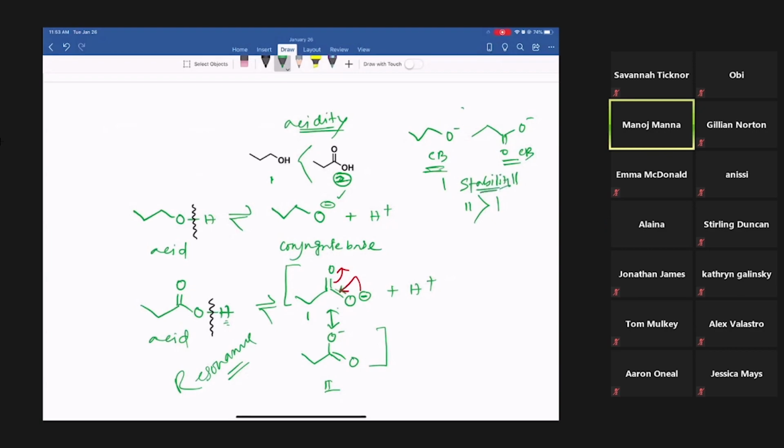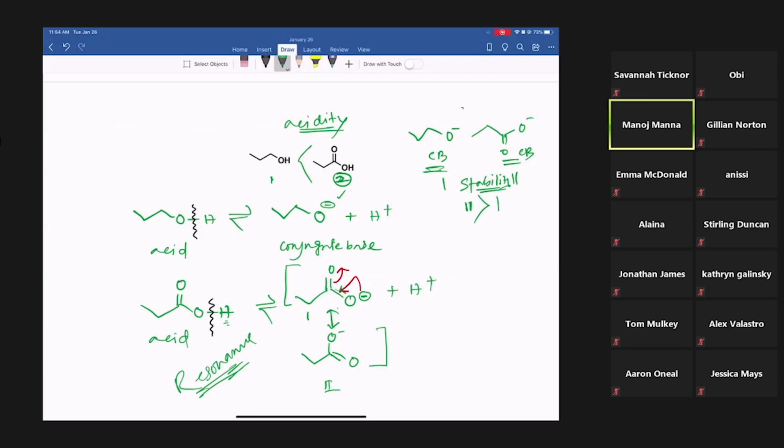Yes, so stability is higher for 2 than 1 because of the resonance. Wait, why is it more stable again? Because of the resonance. You don't have any resonance opportunity for conjugate base 1, right? Oh, okay, yes.